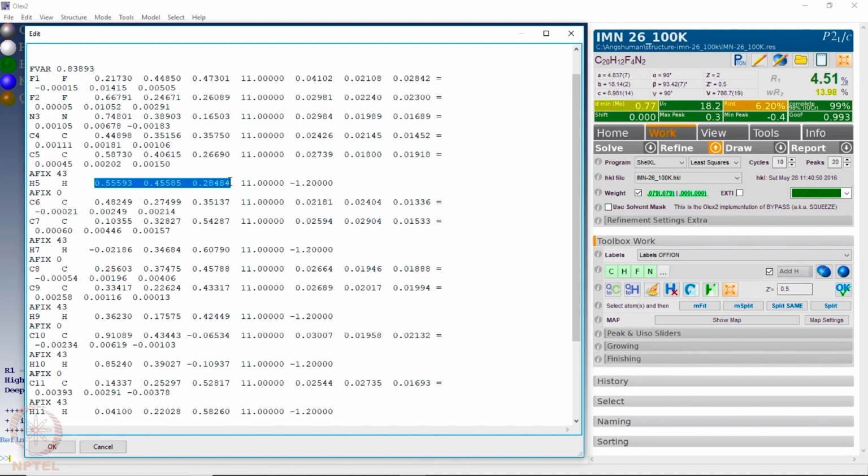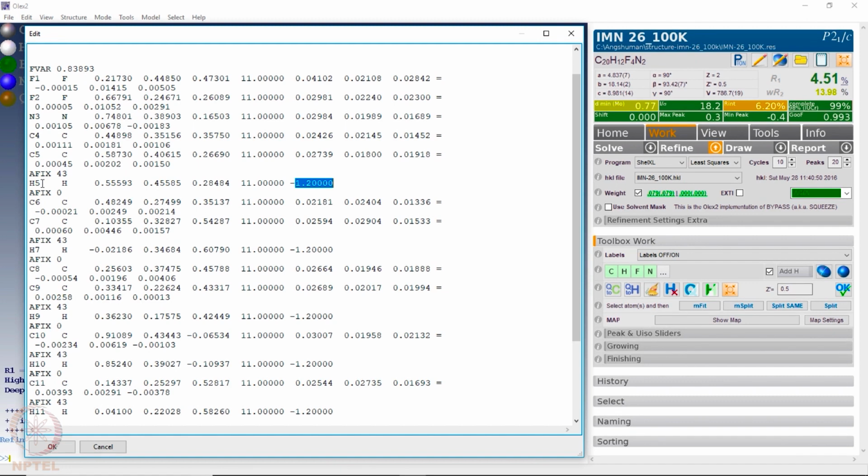These are the fractional coordinates. Occupancy is 1, and this is the thermal parameter which is not going to be refined, and it indicates 1.2 times the value of the isotropic thermal parameter of carbon, and this is how the hydrogen is fixed at its geometrically ideal position.